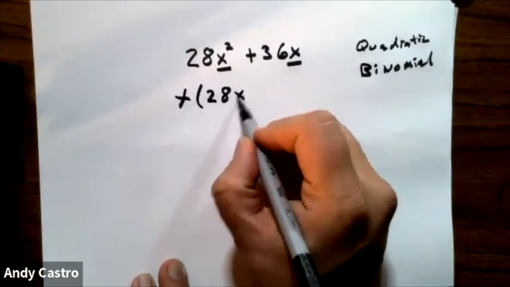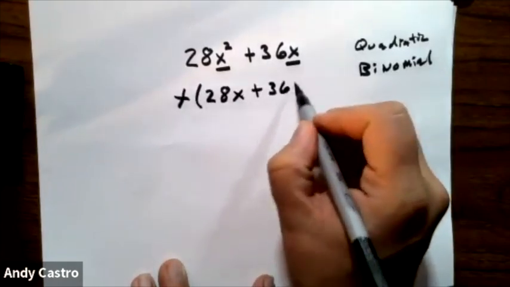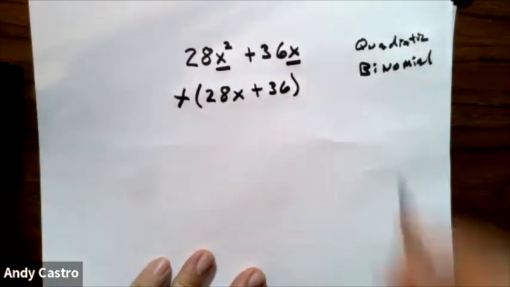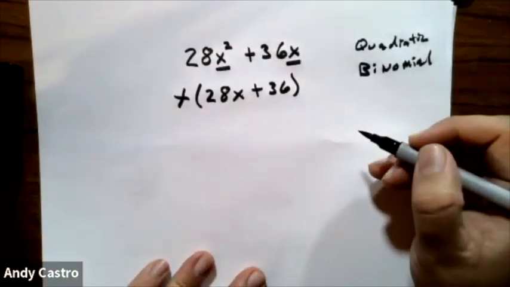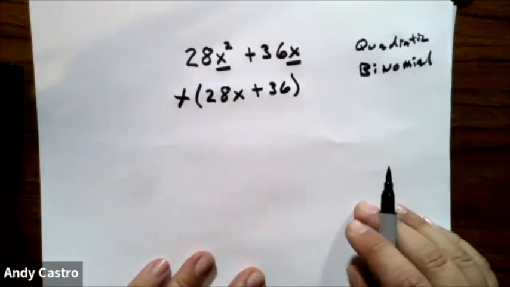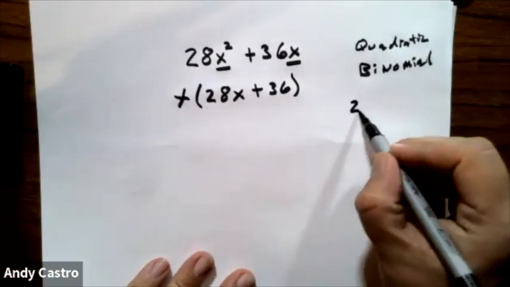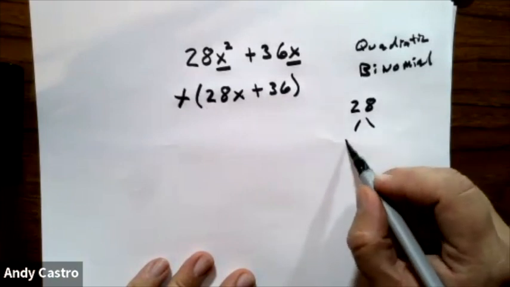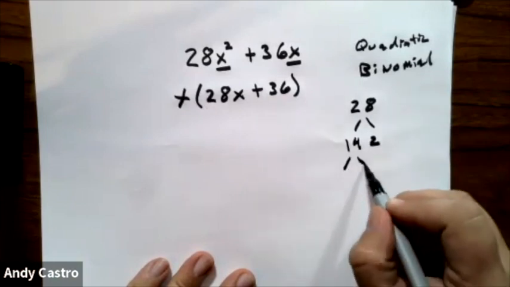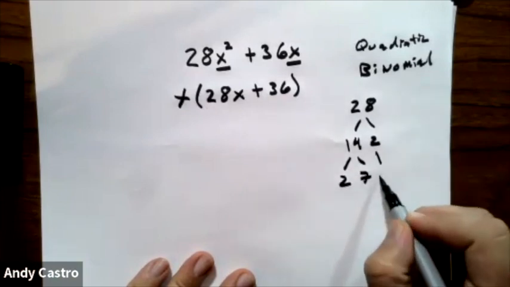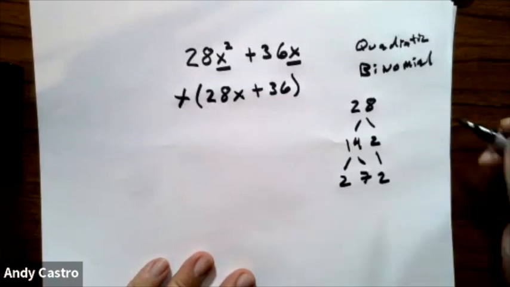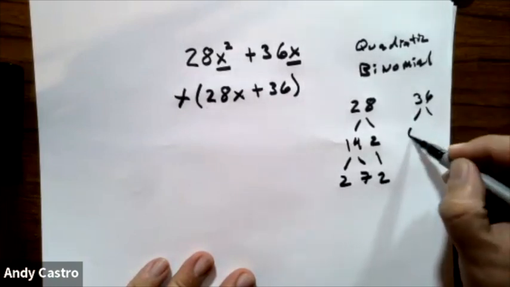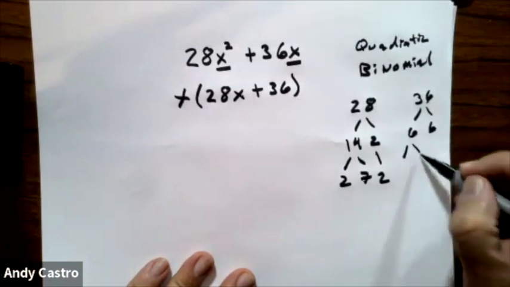I'm left with 28x plus 36. All right. Now, between the 28 and the 36, what can I pull out? So you could factor these numbers. 28 is going to be 14 and 2. 2 and 7 is the 14. So 2 times 7 times 2. 36 is 6 times 6.